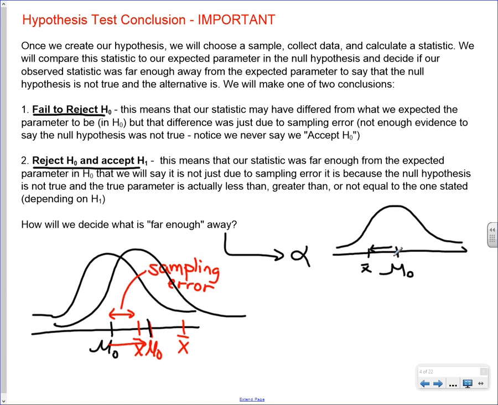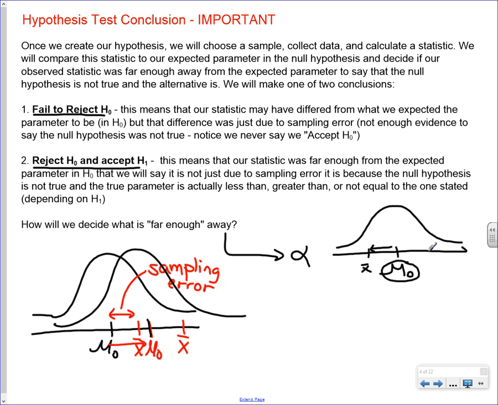If it's really far away, then I say, that seems pretty extreme. So it seems more likely that this is not really the true mean of the distribution. But if it's not that far away, then I'd say, well, yes, there was a difference, but it looks like that difference was just due to sampling error, just due to the fact that my x bars live here in this sampling distribution. They can be anywhere from here to here, right?